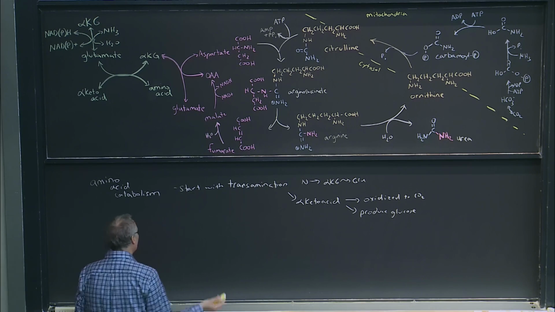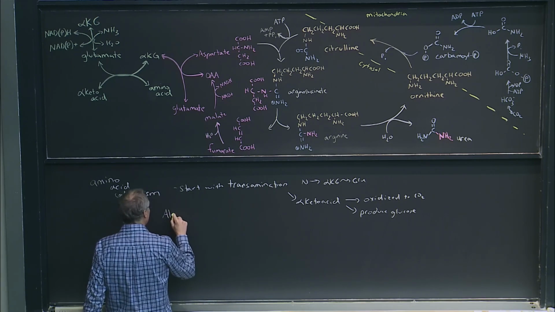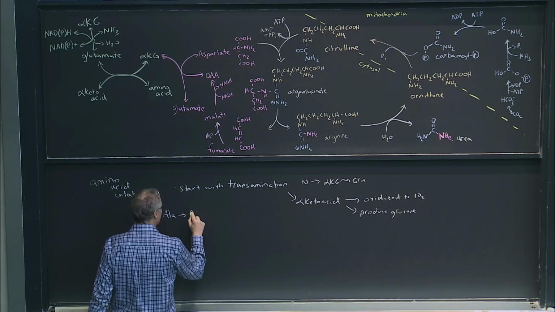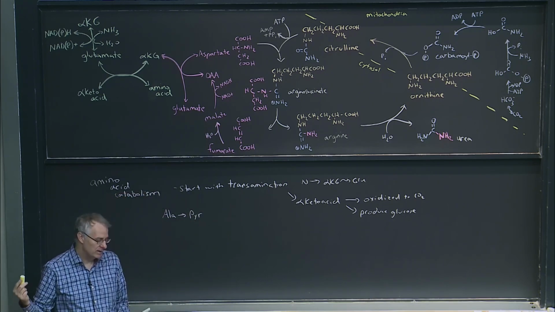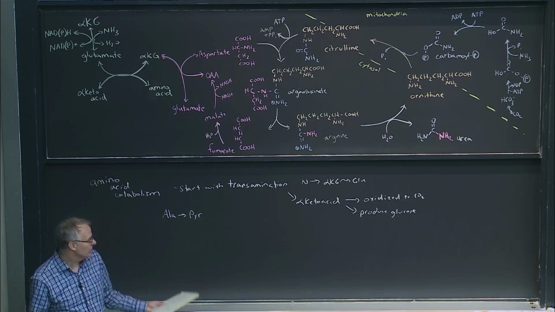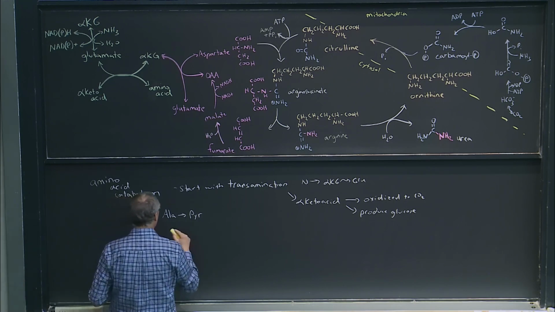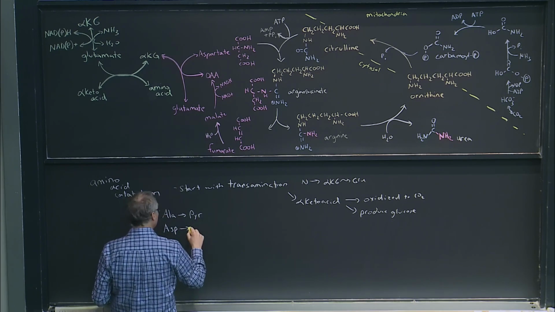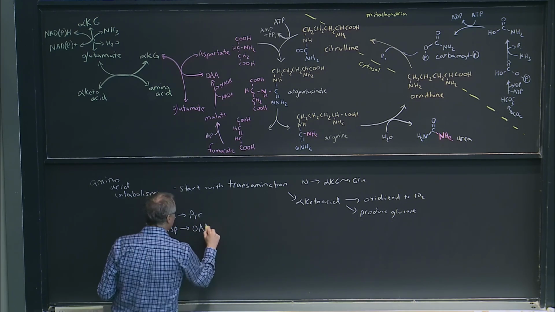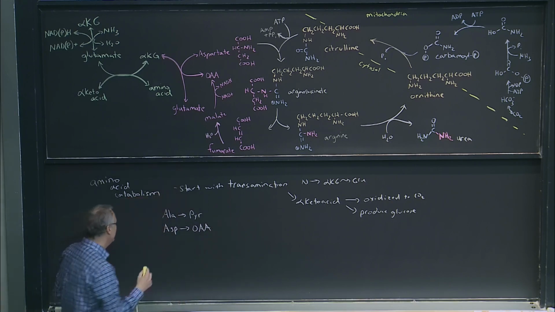It's very clear how this works if we start with some of the more obvious ones. So we talked last time about how alanine, the amino acid, undergoes transamination to get the alpha keto acid. That alpha keto acid is pyruvate. Aspartate, the amino acid, undergoes transamination. The alpha keto acid is oxaloacetate.